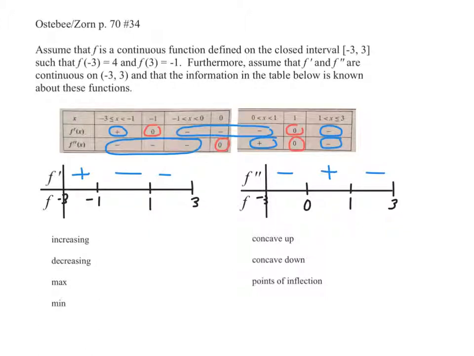In listing all of the information, we'll do it the same way as before. Just remember, this is the same type of sign chart, just being given different information. So it's increasing wherever we see pluses. Decreasing where there's minuses.